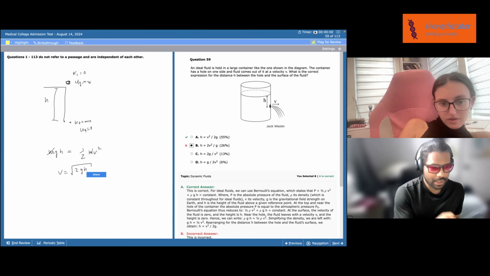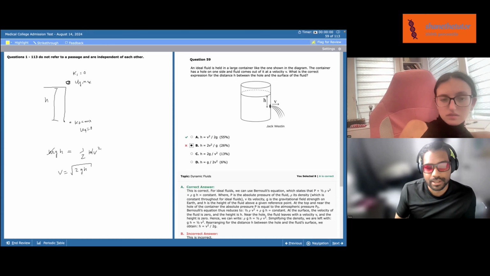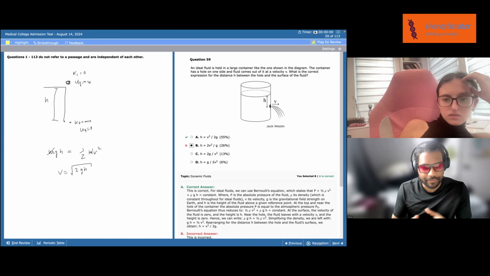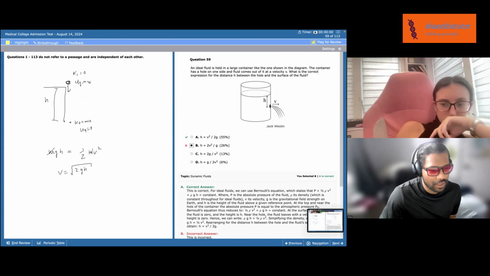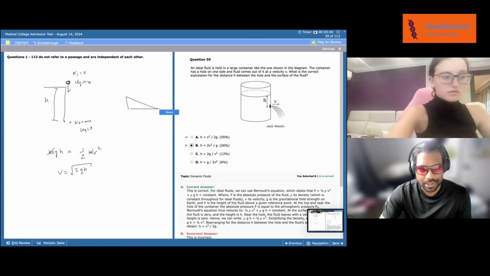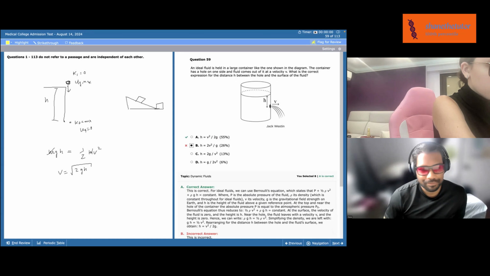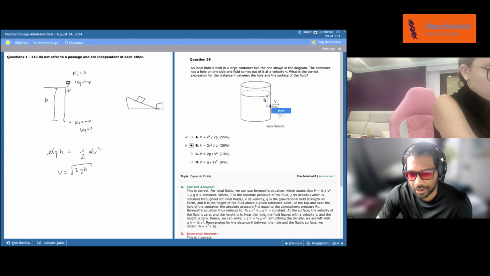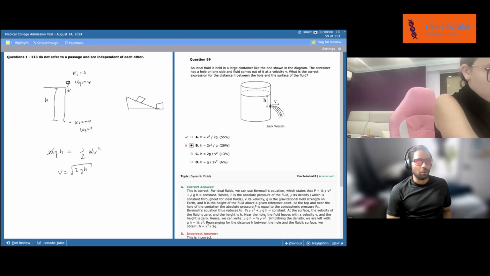This is a shortcut formula that you can use for any situation where you simply have a projectile being dropped. That would be for a person dropping something over a roof. It could be true for an inclined plane: what's the speed at the bottom of the ramp? And it can also be used for water coming out of a spigot, or in this case, the hole in the side.